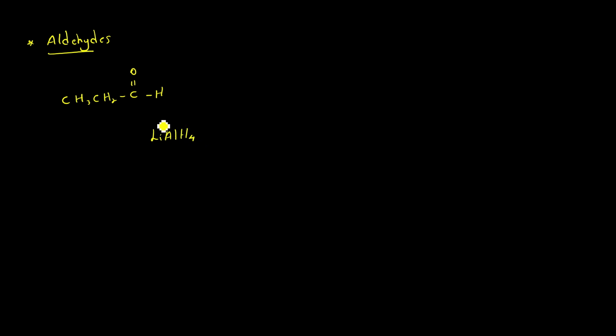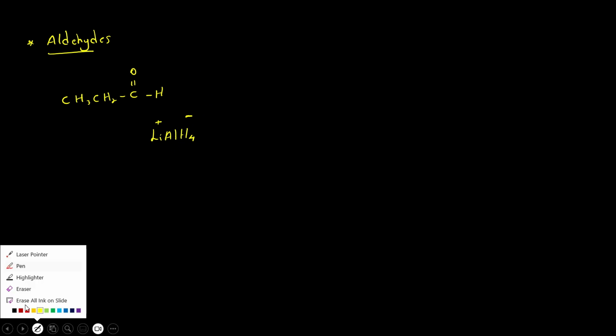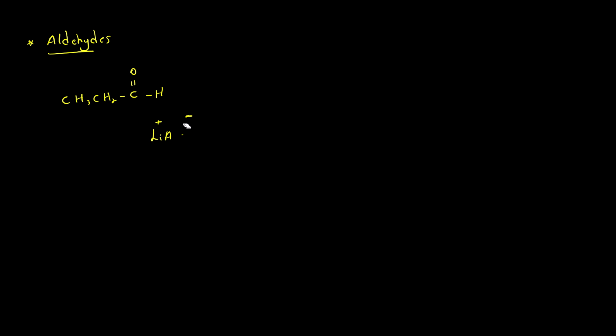You know this lithium is a positive cation and this AlH4 is the negative part. Let me draw it in a slightly expanded version. Aluminum is there, so here you have the hydrogens and another 3 hydrogens.